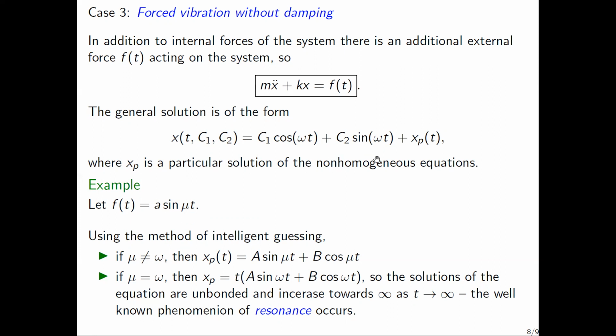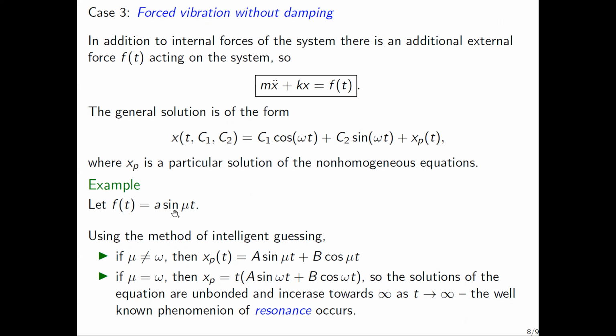So what do you expect to be the particular solution? What would be the form of the particular solution if f is a times sine mu t? So we have this second order differential equation, and the right hand side is of the form a times sine mu t, some trigonometric function.